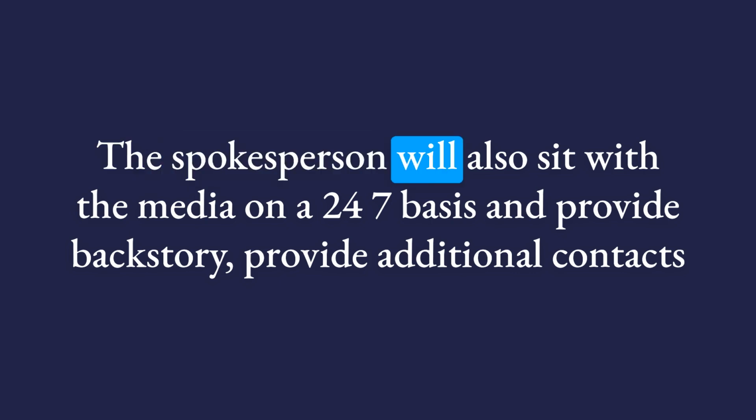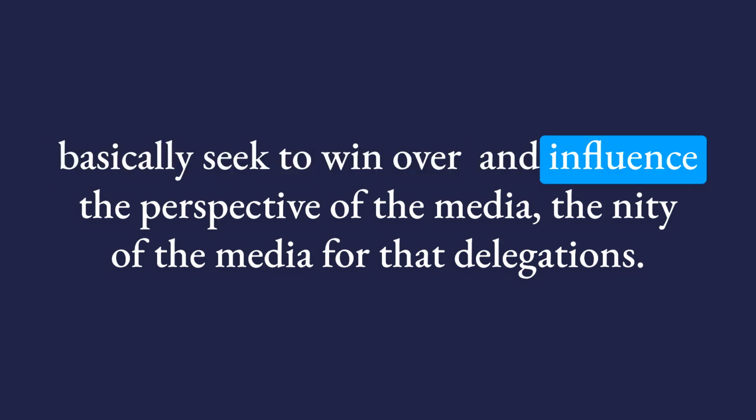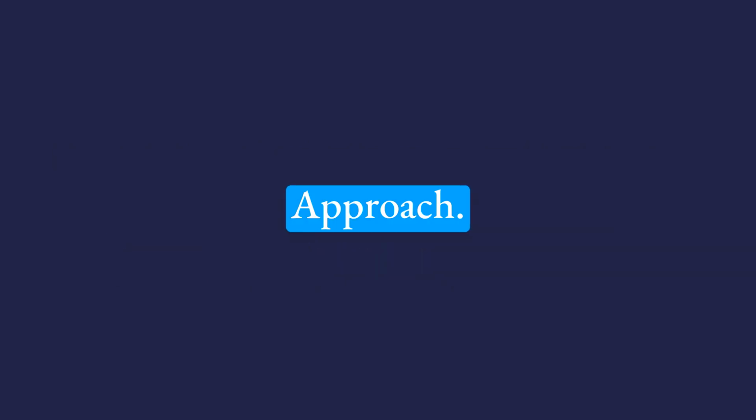The spokesperson will also sit with the media on a 24/7 basis and provide backstories, provide additional context, basically seek to win over and influence the perspective of the media, the affinity of the media for that delegation's approach.